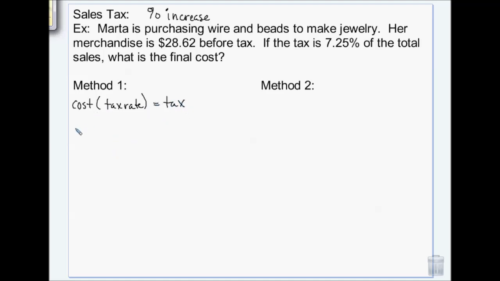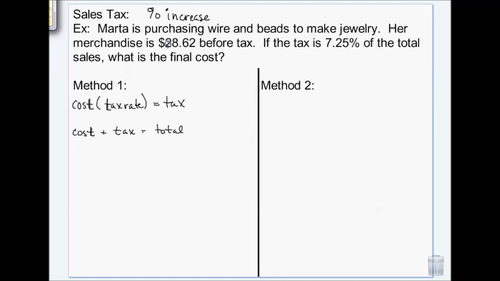And then you take the cost, you add it to the tax, and that gives you your total. Okay, so that's method one. So we're going to do that one first.